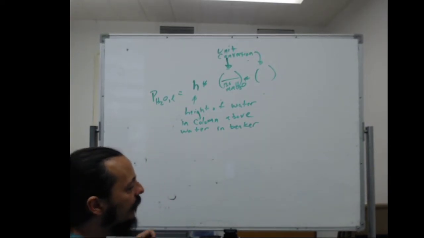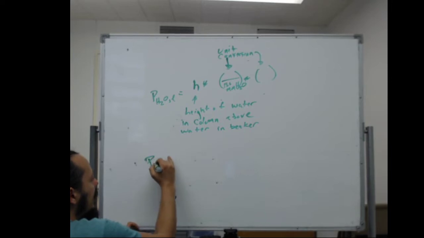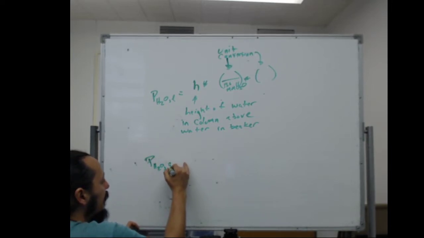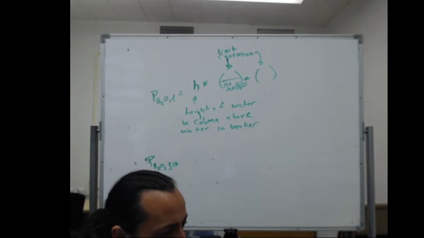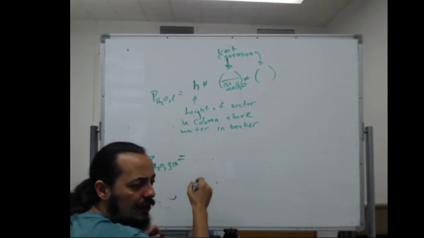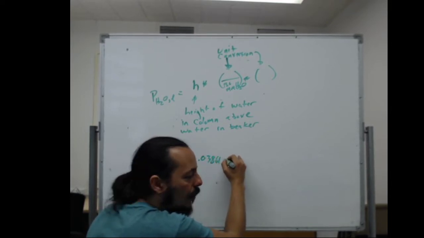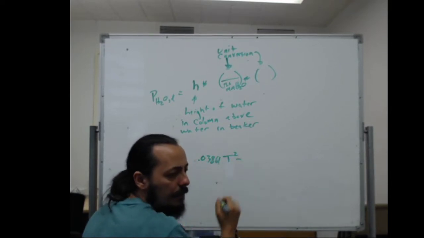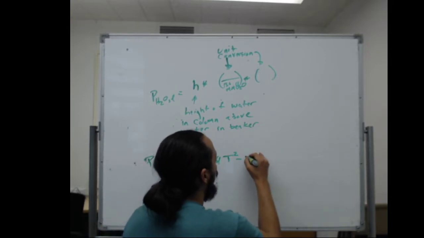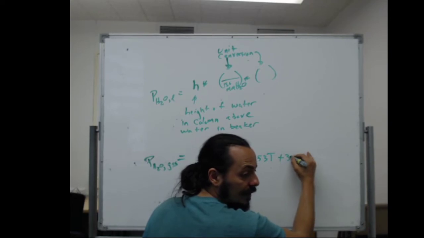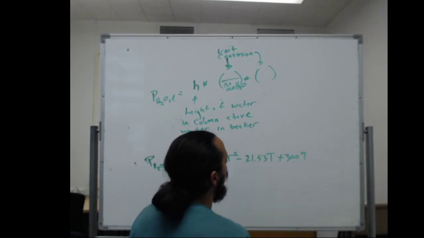The other place where people mess up their units is when you're looking at the pressure of H2O. I'm just going to call it gas. I think they call it vapor. You get this equation, 0.03861 T squared minus 21.53 T plus 3009.